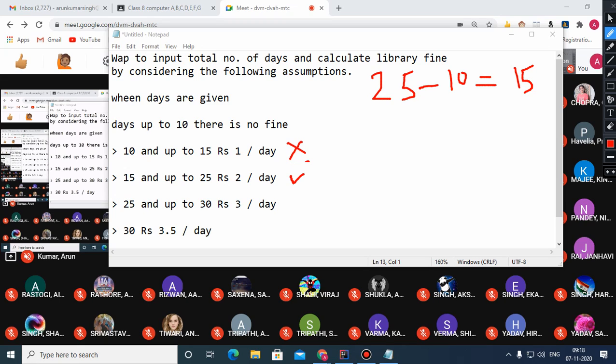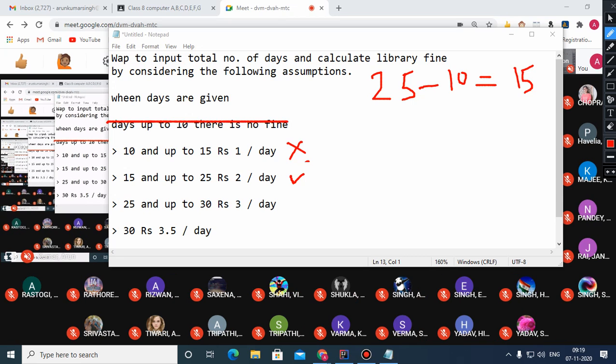But these you have excluded, but these two things are applicable. So 10 to 15 days, 1 rupee per day. So 5 rupees, 1 rupee per day, and minus 5 you have to do. Plus, how many days are left? 10 days are left.